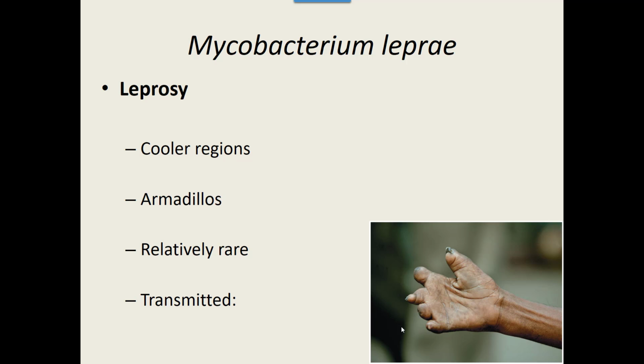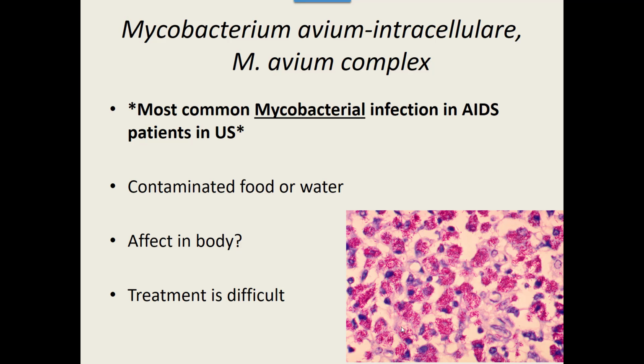And then the last Mycobacterium is the Mycobacterium avium-intracellulare. Most common Mycobacterium infection in AIDS, so even more than tuberculosis and leprae. It's picked up from ingesting contaminated food or water. Problem with this particular bacteria, it's also intracellular, but every cell it gets into, it will kill.